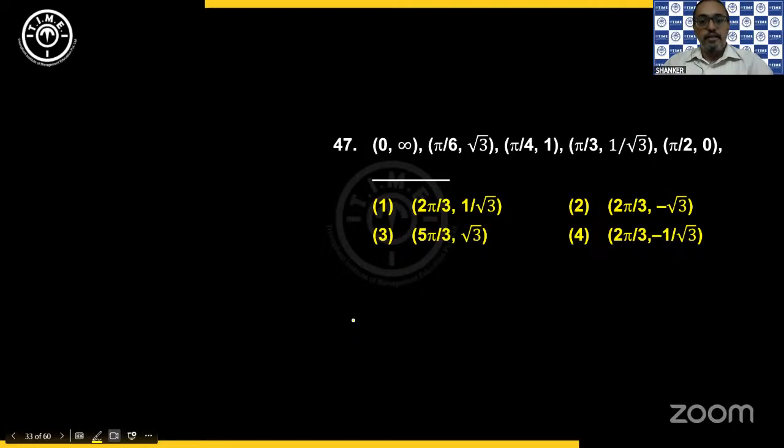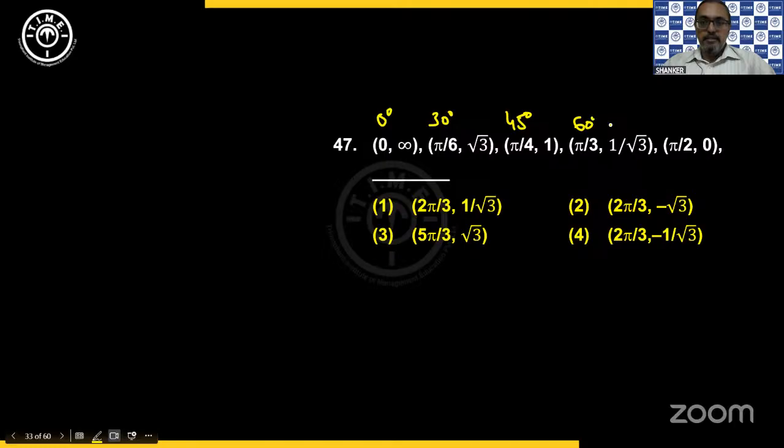Now this again, as you can see, some pi is given. So in terms of trigonometry, again, we need to search. Let's see what trigonometry values are given here. This is 0 degrees. Pi by 6 is 30. This is 45 degrees.